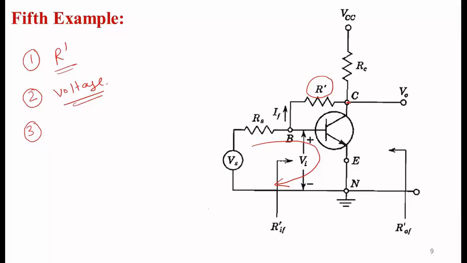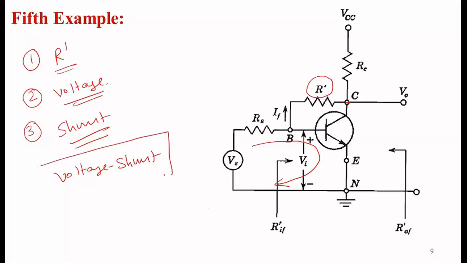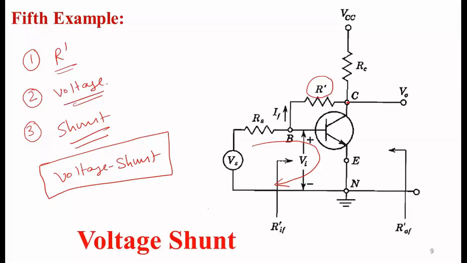The second terminal is present at the output and one terminal is present at the input side. So this is the shunt type of connection. Hence, this is a voltage shunt type of topology.